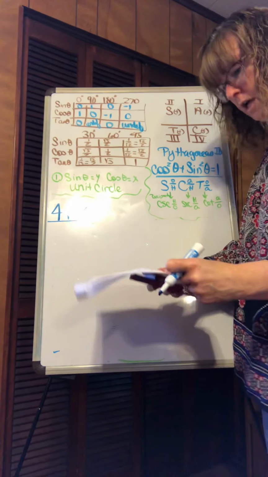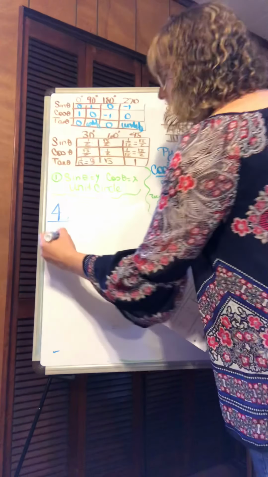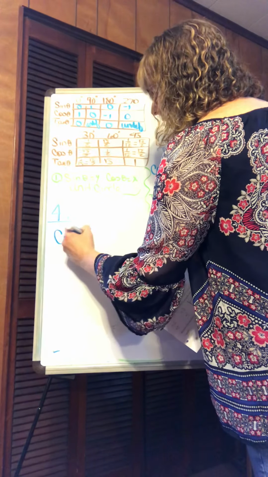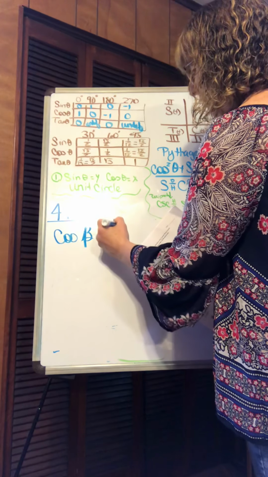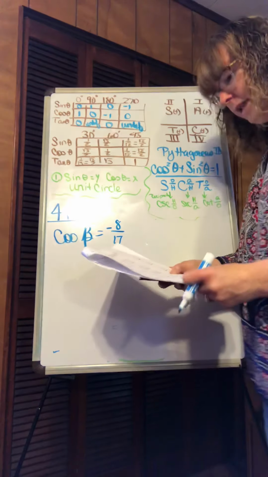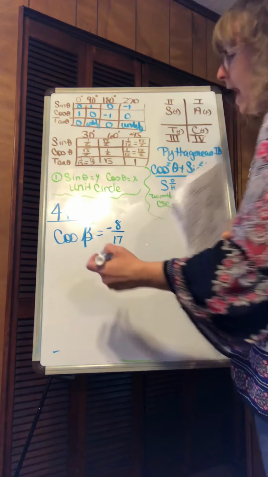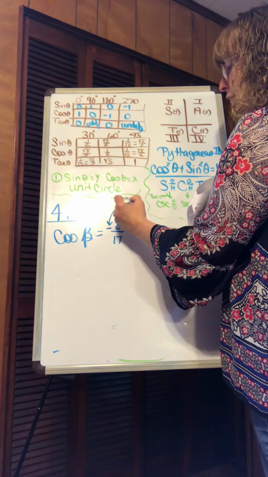You have cosine of beta is negative 8/17. Now again, the negative is telling me the quadrant, and they're telling me in the problem this is quadrant 3.